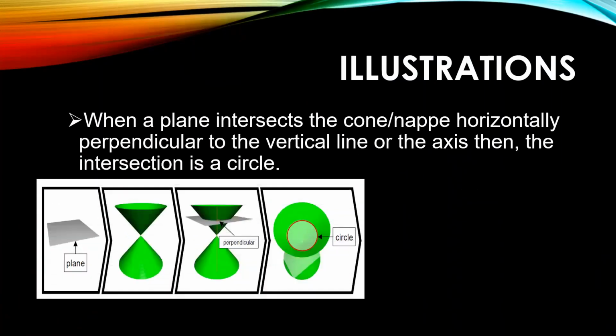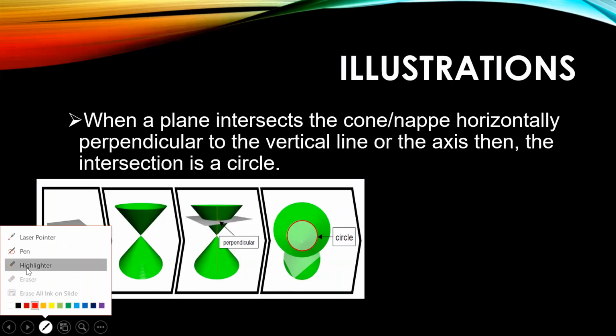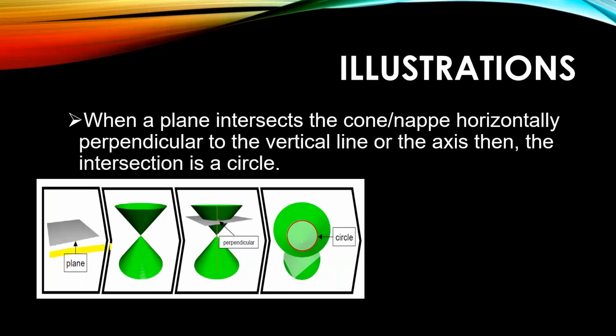When a plane intersects the cone horizontally, perpendicular to the vertical line or the axis, then the intersection is a circle. So we have here the plane and this is the cone.